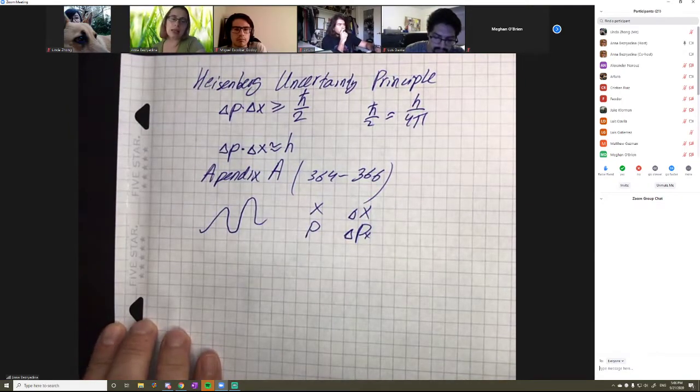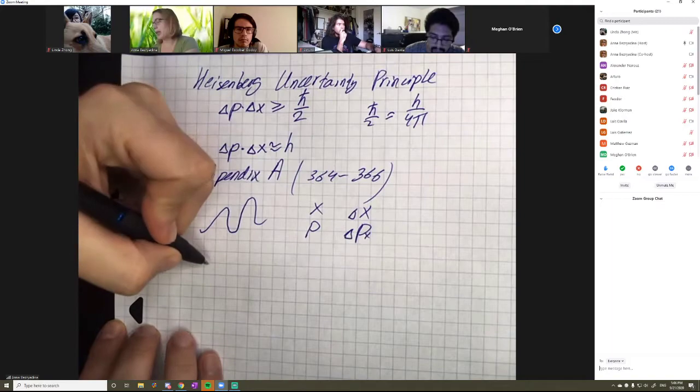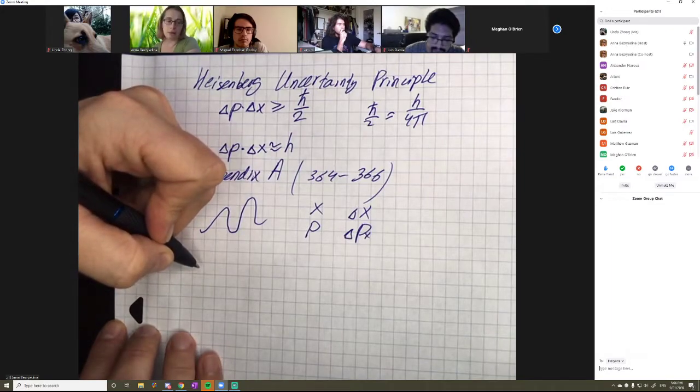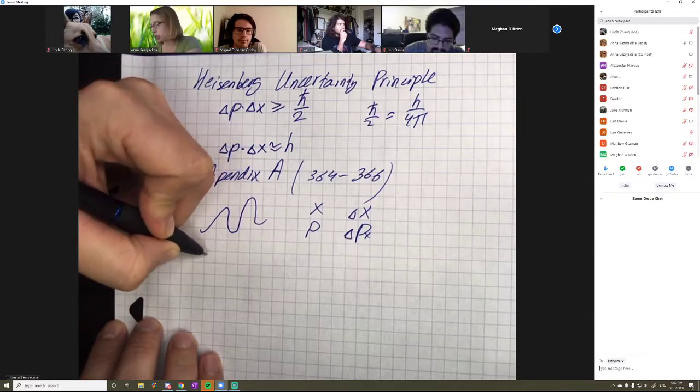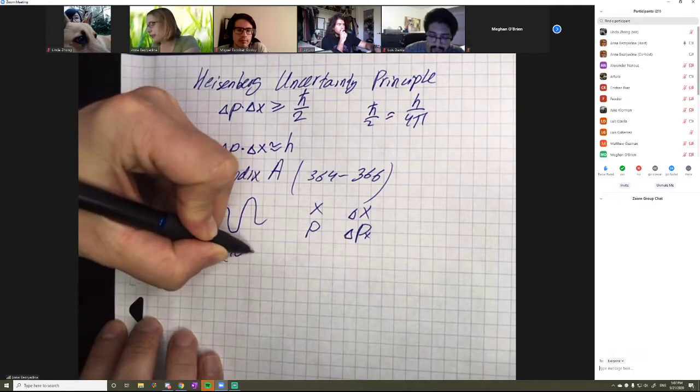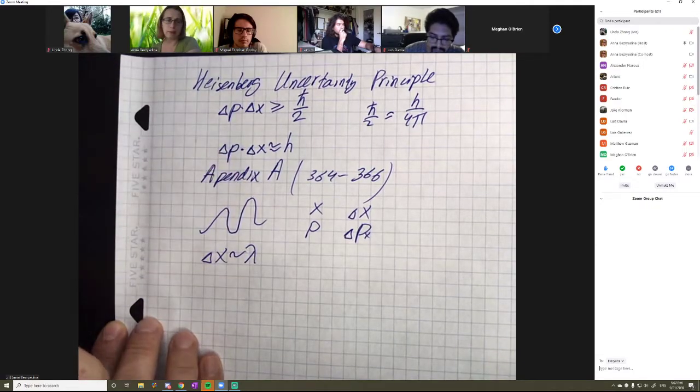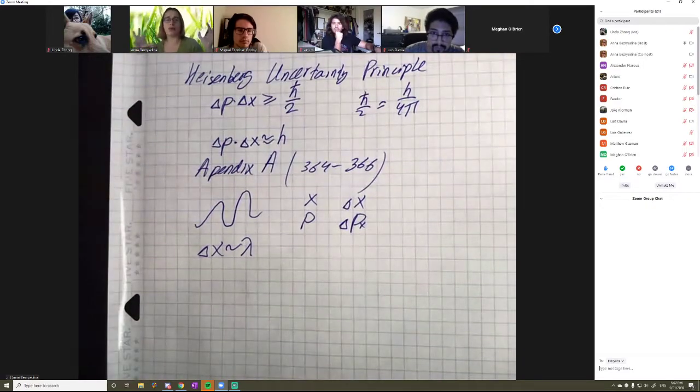And let's assume that our position accuracy for one particle is lambda. So we accurately measure where something is located to within one lambda. So delta x is roughly equal to lambda. The size of one wave packet is approximately lambda.